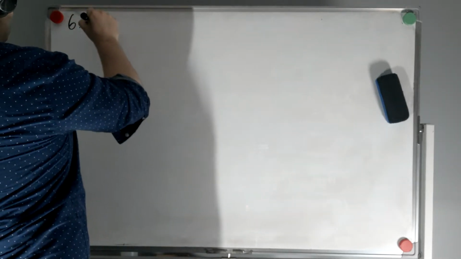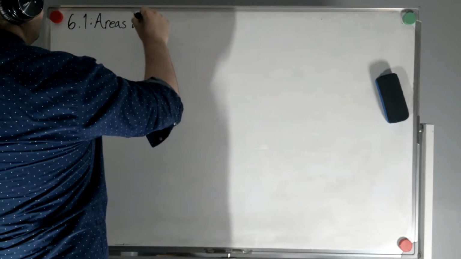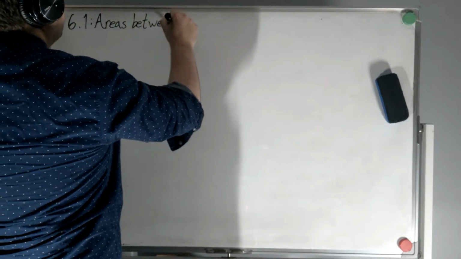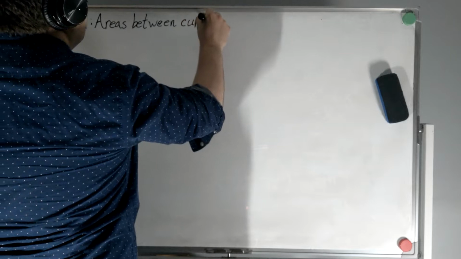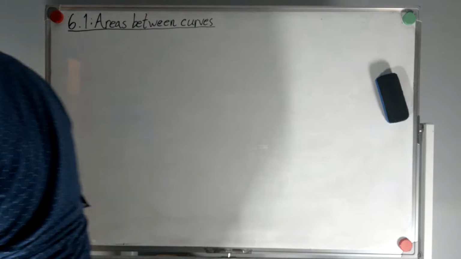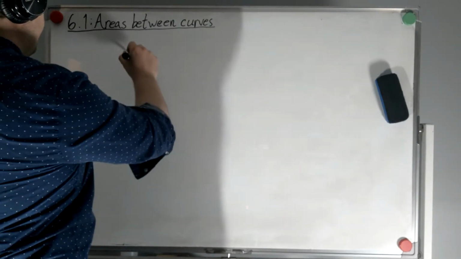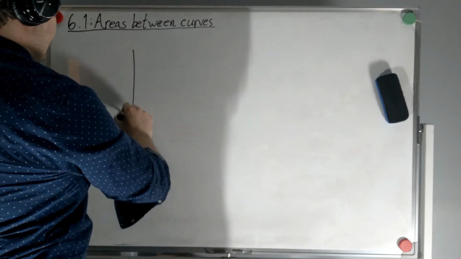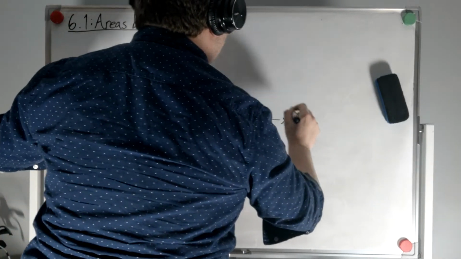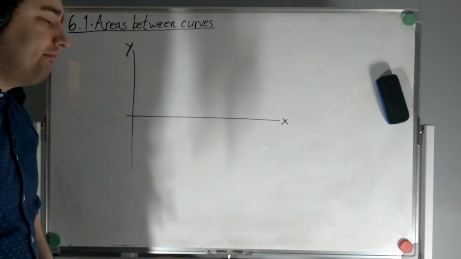So 6.1 is about areas between curves. It's a really simple concept.